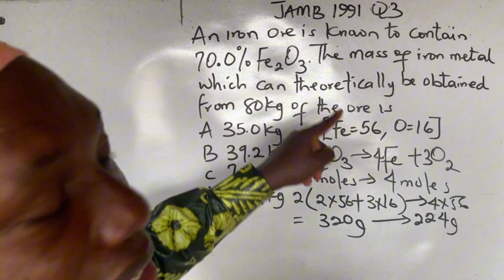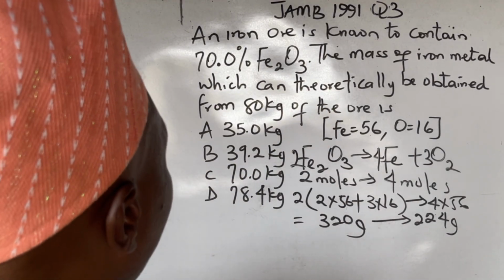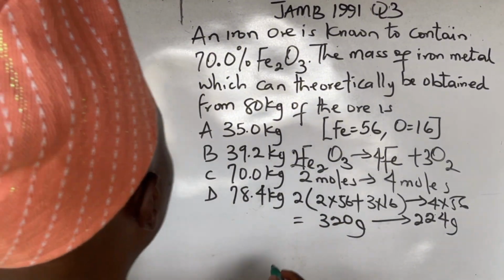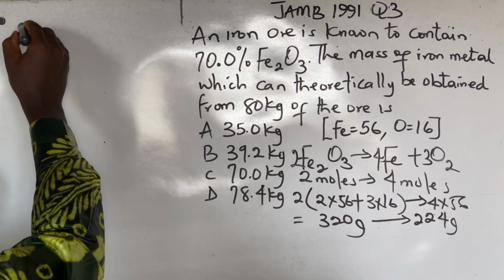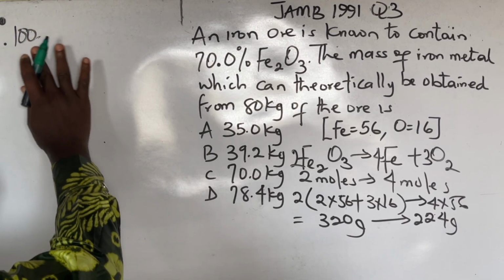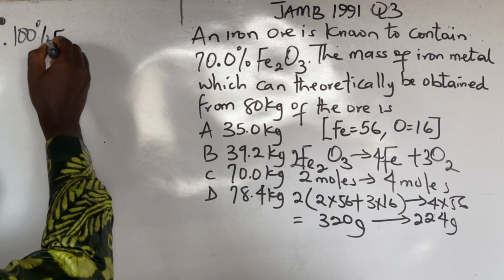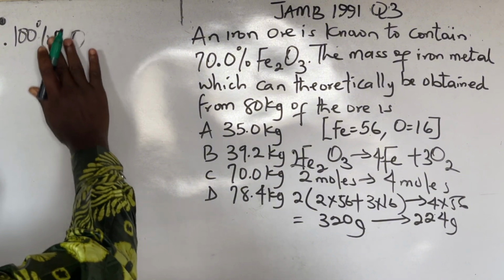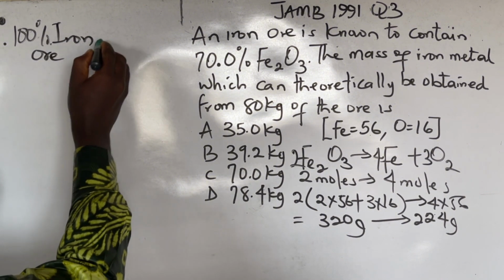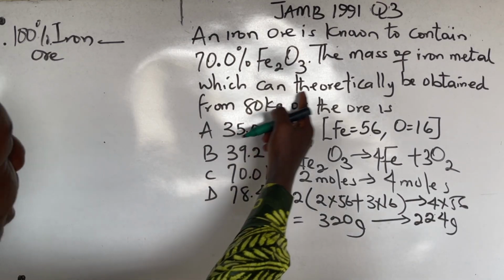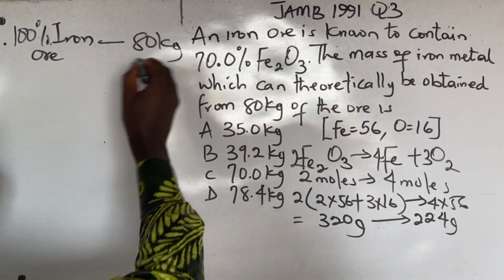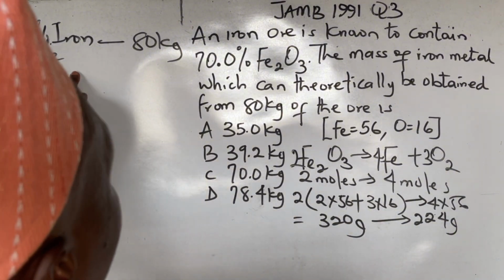70.0% of iron oxide. There are some things you need to know before now. Let me solve it here. If 100% of iron ore, theoretically obtained from 80 kilograms of the ore. That's the best way to do that.